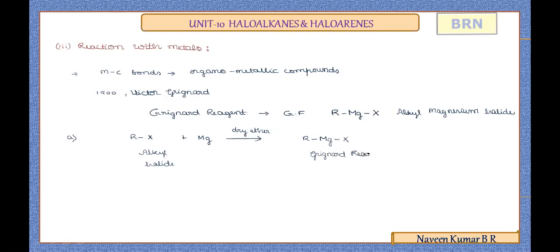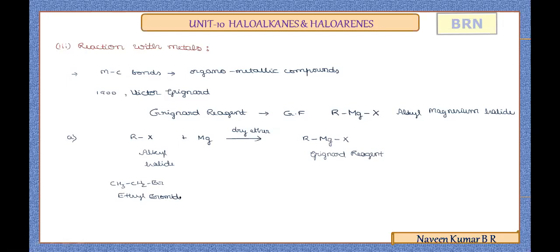So we'll take a simple example to understand how Grignard reagent is prepared. We'll take ethyl bromide as an example, CH3CH2Br. The common name is ethyl bromide, the IUPAC name is bromoethane.